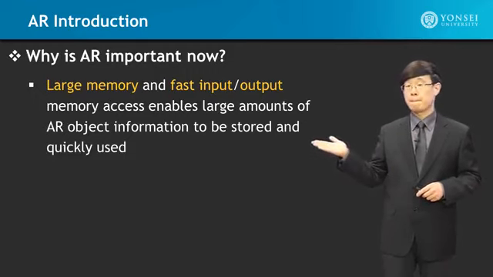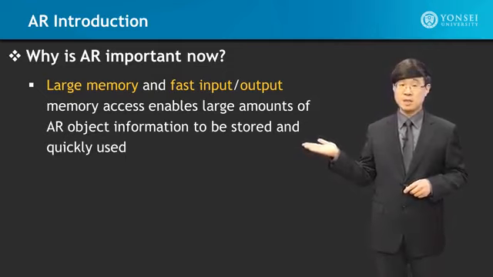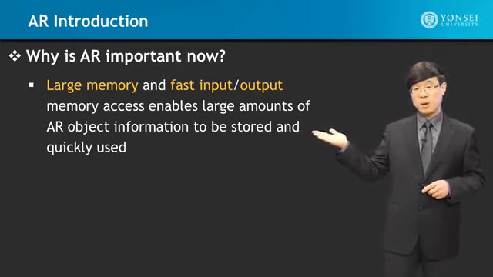In addition, image processing needs to save images and then process them. That means we have to have fast and abundant memory, and that is one of the true benefits of modern technology.